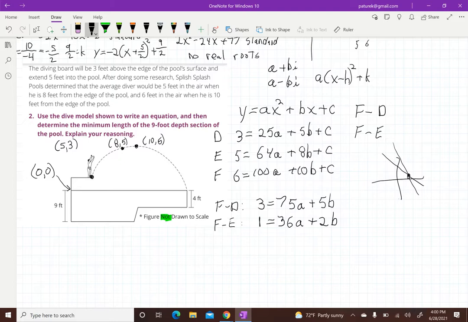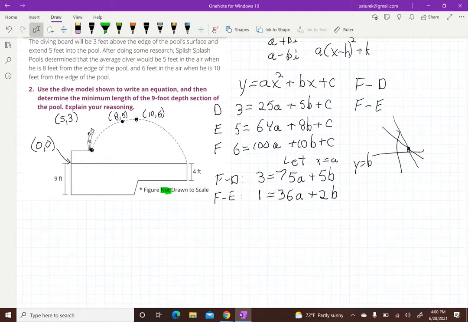If you want to do that approach, again, you would say let x be equal to a, let y be equal to b, or the other way around. Either way, you're going to get a single intersection, and that'll give you the values of x and y. The way I normally go about doing this algebraically instead of graphically is I try to find a way to eliminate by subtracting one expression from the other.